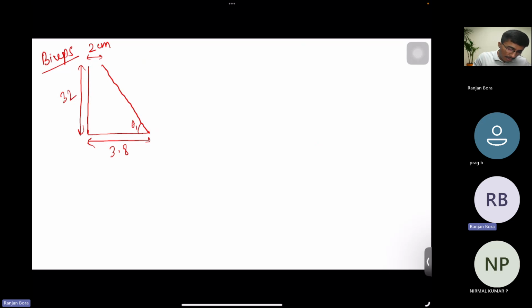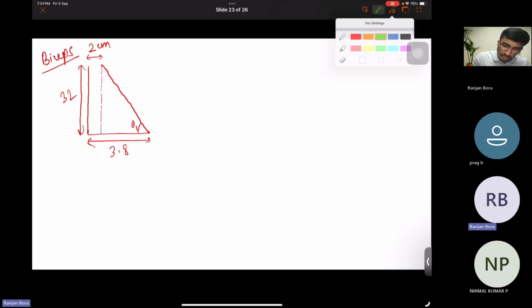This angle is theta 1. Now we'll take this triangle. We need to find this moment term OE.